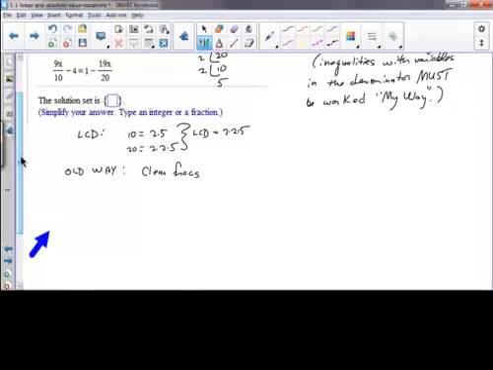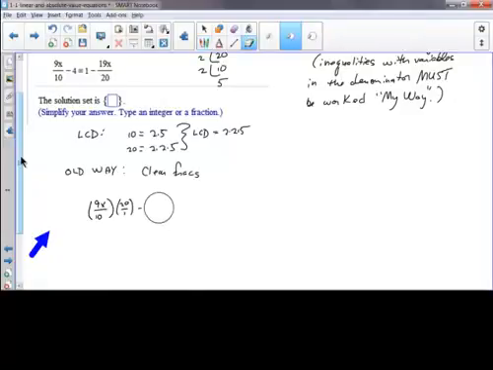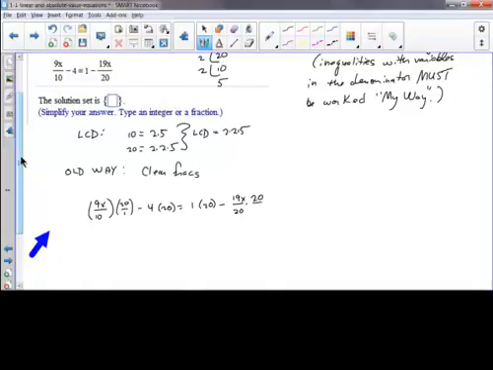So the clearing fractions method: 9x divided by 10 times 20 over 1 minus 4 over 1. Oh, just 4 times 20. 420! Hey, we are in Colorado. 4 times 20 equals 1 times 20 minus 19x over 20 times 20 over 1.